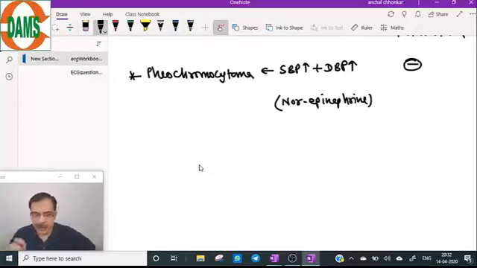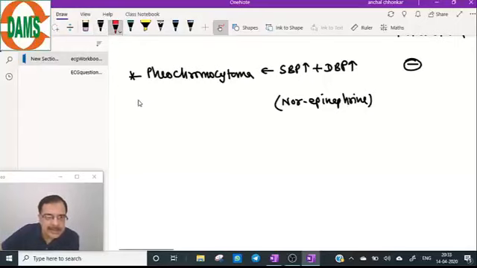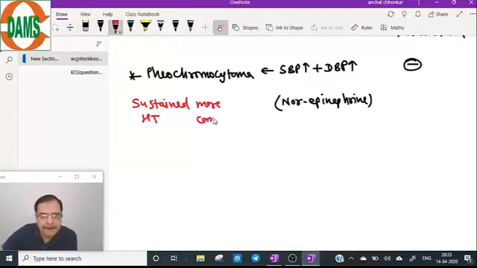Also remember a very important clinical question in pheochromocytoma. You will be doing this in surgery, no doubt, but remember that in pheochromocytoma sustained hypertension is more common than, against the popular misconception, episodic hypertension.